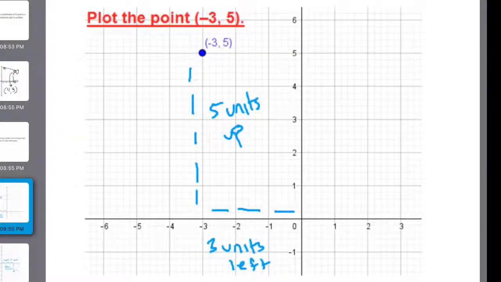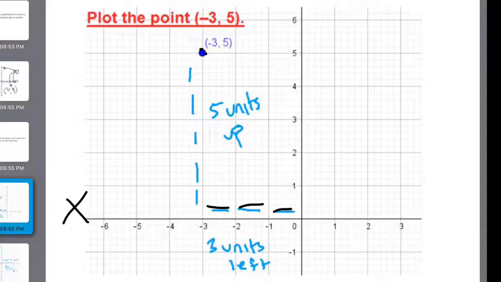Let's look at another example. So first, we are going to go down the runway. This is the x-axis. Starting at 0, we go out to the left 3. Remember, when you're going to the left, that's negative. So we go to the left -3.